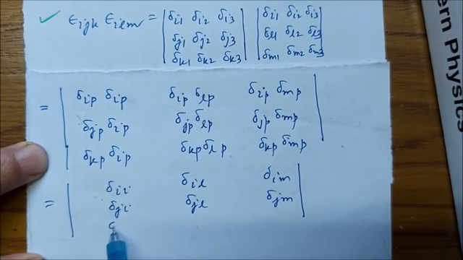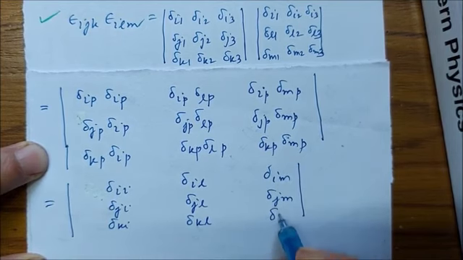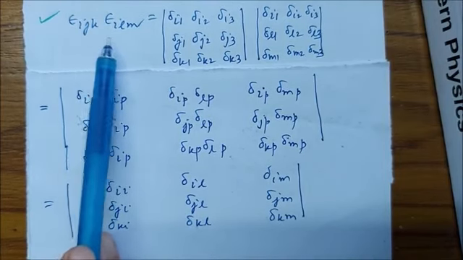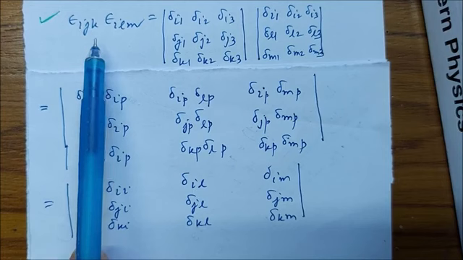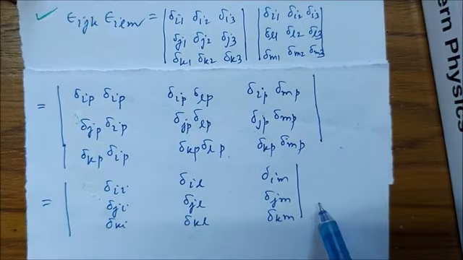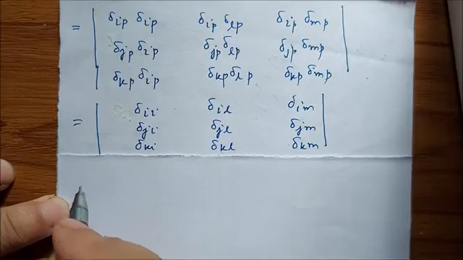Now delta KI, delta KL and delta KM. So this determinant stands for the product of these two Levi Civita symbols, and this was indicated in the video on property of Levi Civita symbol, and we have derived it or proved it starting from the simplified expression of Levi Civita symbol. Next problem.